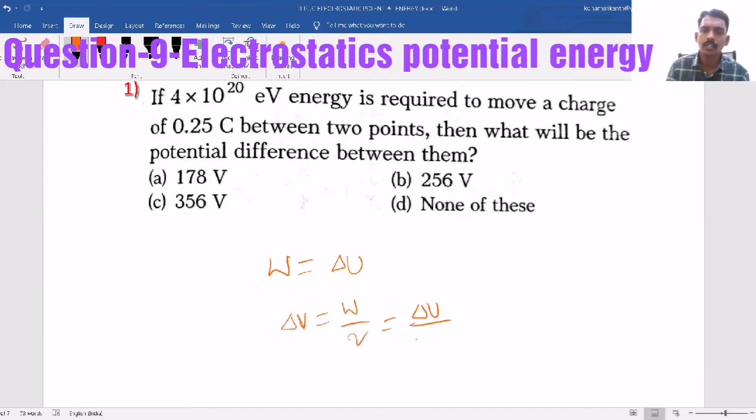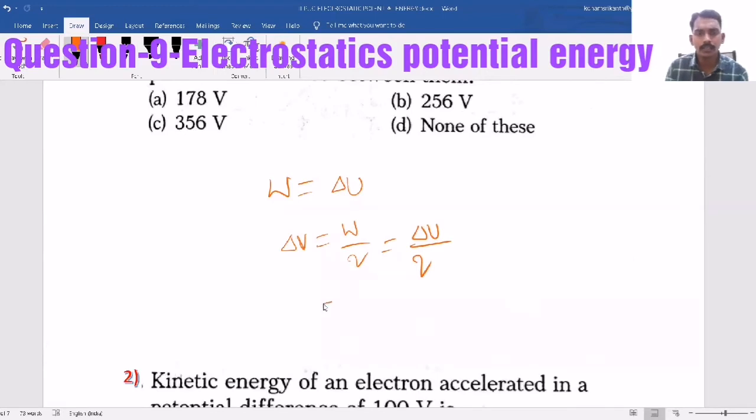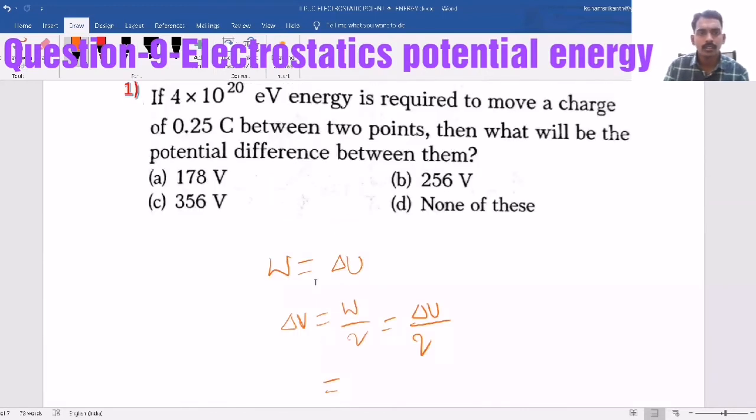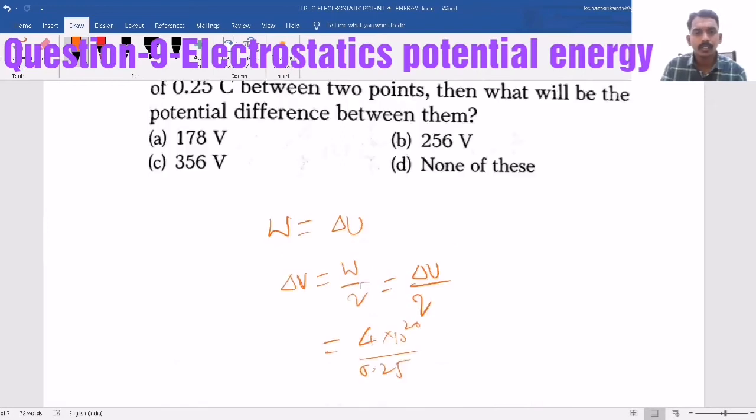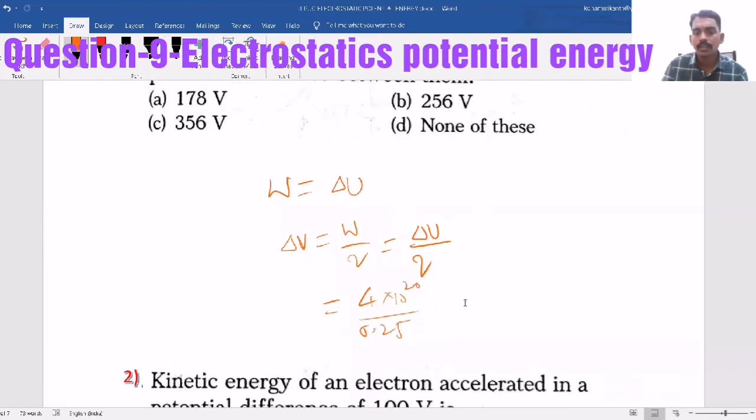Then work is nothing but delta U. So, delta U they have given as 4 into 10 power 20, divided by 0.25. So, if you substitute and calculate, 0.25, nothing but 4.